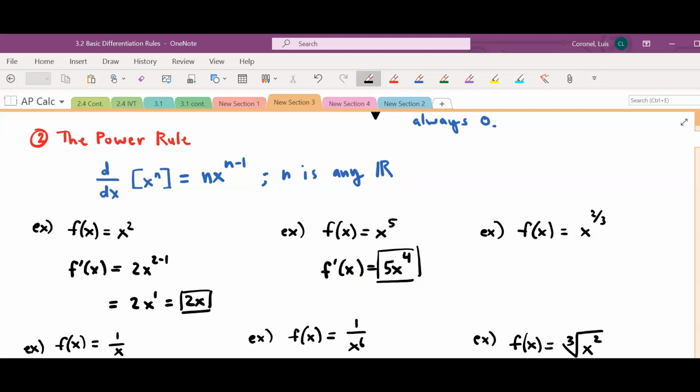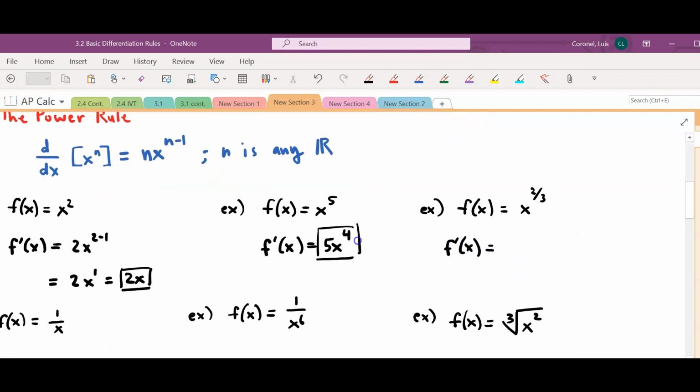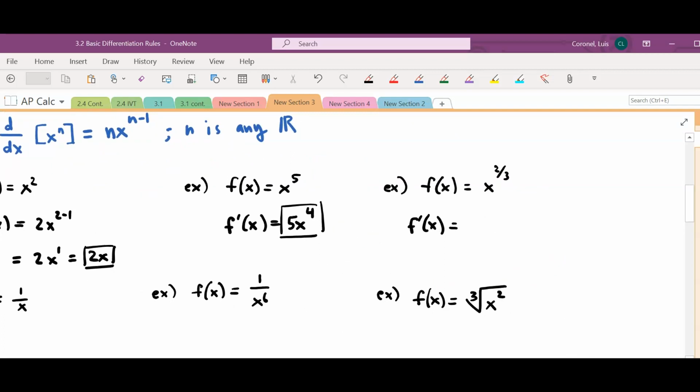Alright, next example, x to the power of 2/3. Now we're dealing with fractions, but it's the same thing. f prime. You're going to take the 2/3, that's the number, bring it to the front. Then you're going to have that 2/3 power, right? The 2/3, you still have it. But something happens to the 2/3. You're going to subtract 1. We have to always subtract 1 from your power.